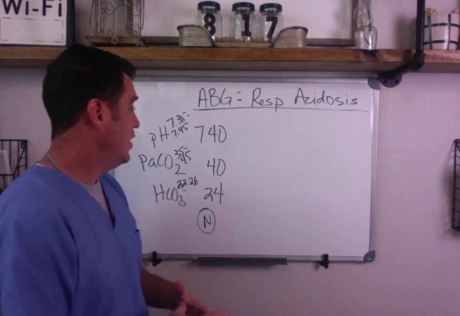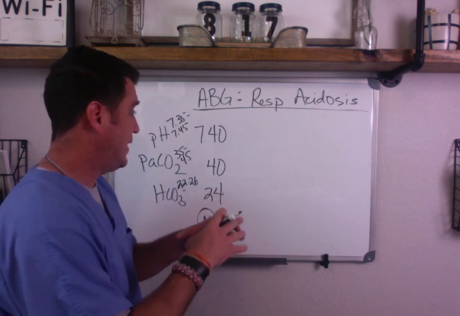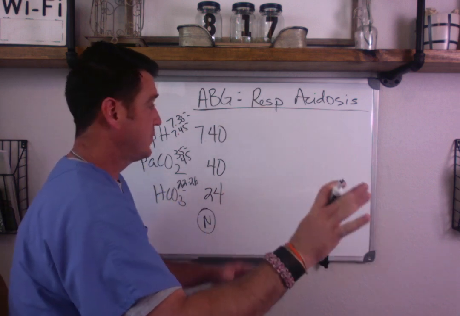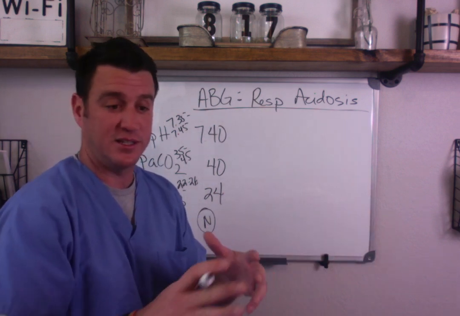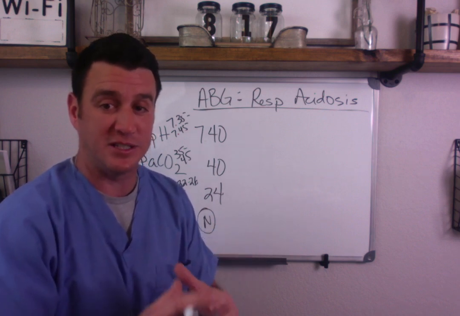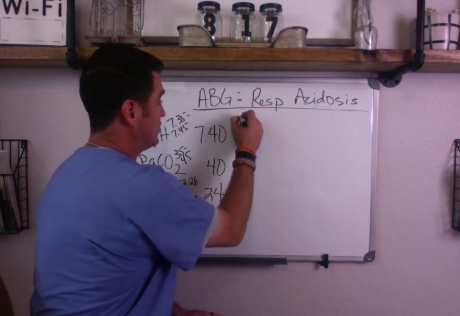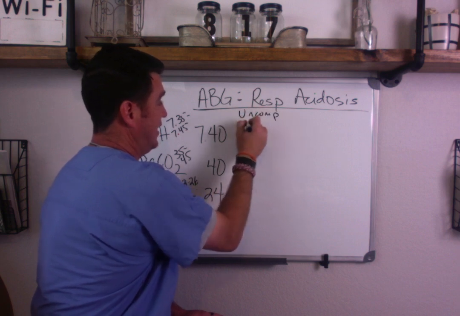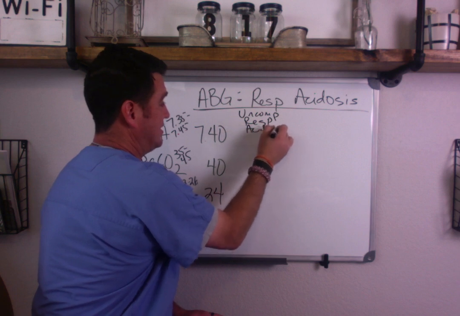Okay? So, what we see here is that with the initial disturbance, this is going to be an uncompensated respiratory acidosis. So I'm just going to put it up here, okay? So we have uncompensated respiratory acidosis.